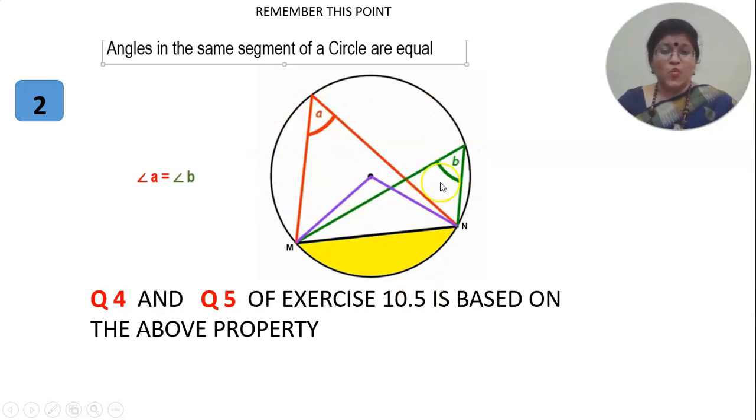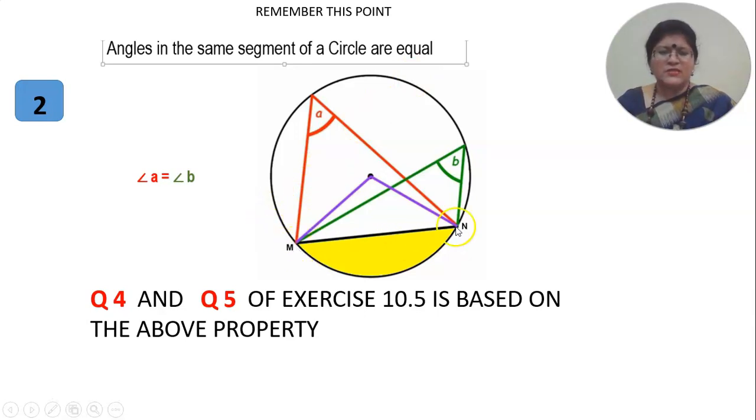This region in white is the major segment, and this region in yellow is the minor segment. So segment doesn't mean line segment, it means this region. Now, the property is angles in the same segment of a circle are equal.